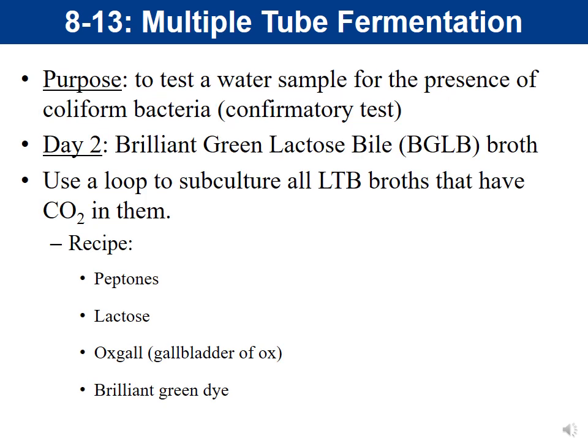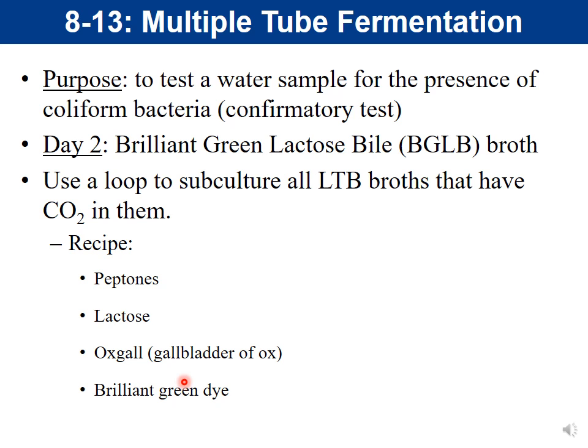You want to know that if you get a positive in your LTB, you're going to then subculture that into a BGLB broth. So you would use your aseptic technique and transfer bacteria and inoculate BGLB. You want to know what ingredients are differential. So lactose would be differential. You would want to know that oxgal, which is bile, and brilliant green dye, these are both selective.